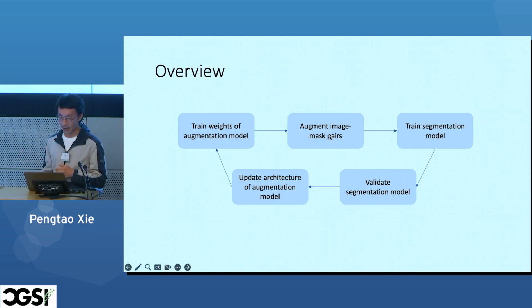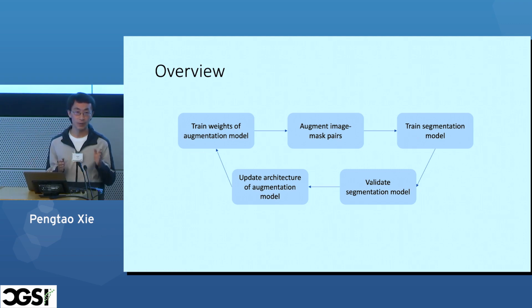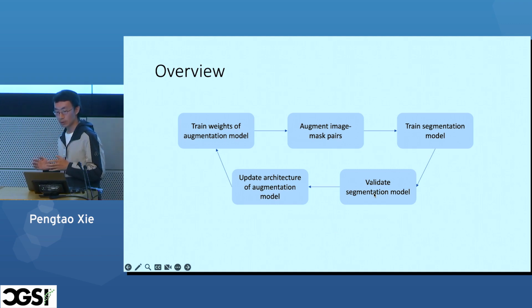Then given this augmented data, we use them to train a semantic segmentation model together with a few human-labeled real images. Then we validate this segmentation model on another validation set. And this validation performance basically reflects how good this augmented data are, right?